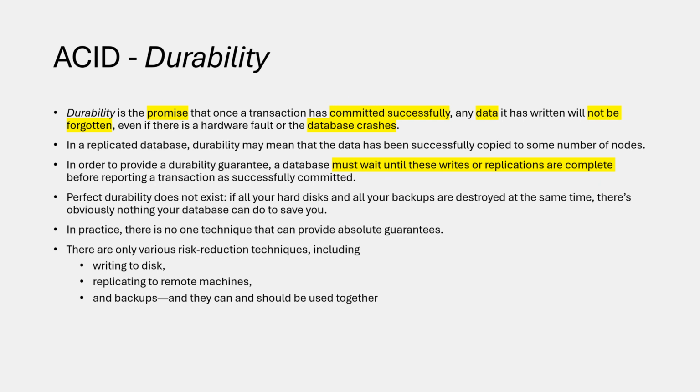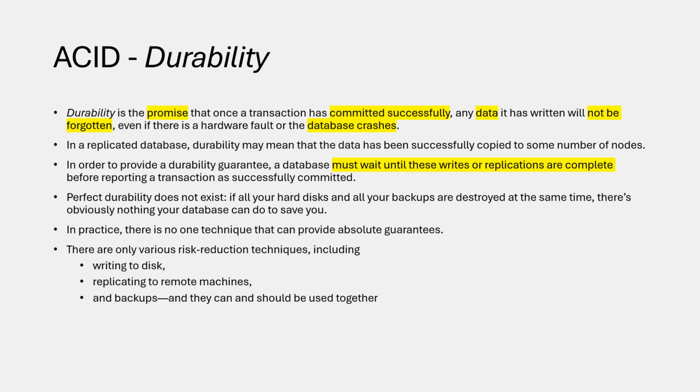RAM is faster than storage. So when you store the data in a .db file and it is committed, it must not be forgotten, even if a crash happens. Hardware faults are okay, your network connectivity is okay, but until your disk is corrupted, your data is saved.